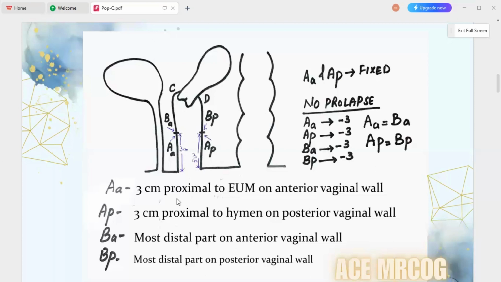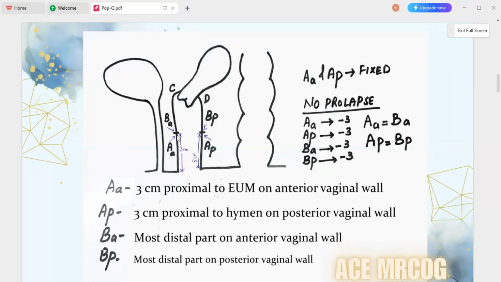So if we come to the definition, AA means that it is 3 centimeters proximal to the external urethral meatus on the anterior vaginal wall. The external urethral meatus is here. Can you see my arrow? The external urethral meatus is here. So 3 centimeters proximal to the external urethral meatus means this point. And 3 centimeters proximal to the hymen on the posterior vaginal wall means here: the hymen lies here, and 3 centimeters proximal to it lies here.